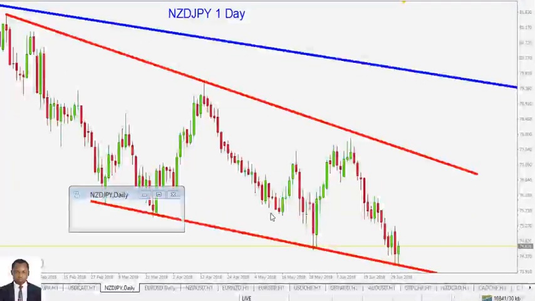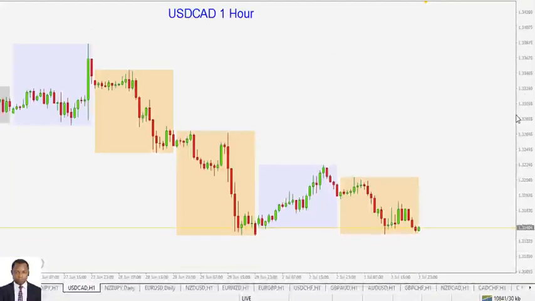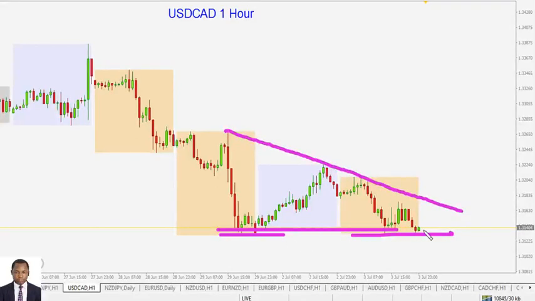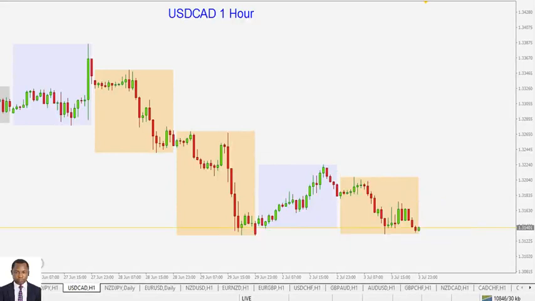All right, the next one is the American dollar against the Canadian dollar. This is the 1 hour time frame. We have analyzed this pair in the long term before, so I'm not going to be looking into the longer time frames again. But this is what I want to show you, that we are having more of a double bottom. All right, double bottom and a flat line leaning there, which is effectively a flat bottom triangle.